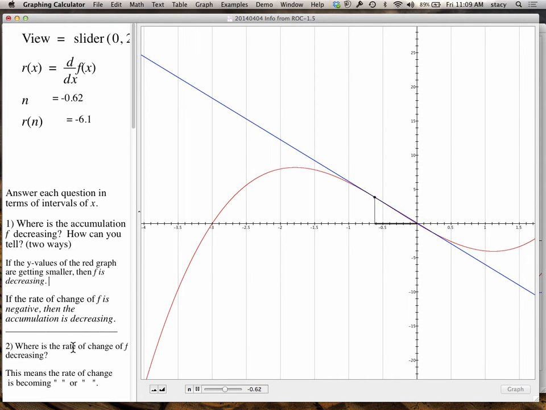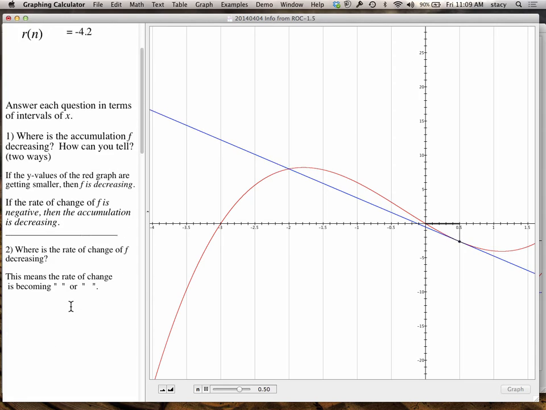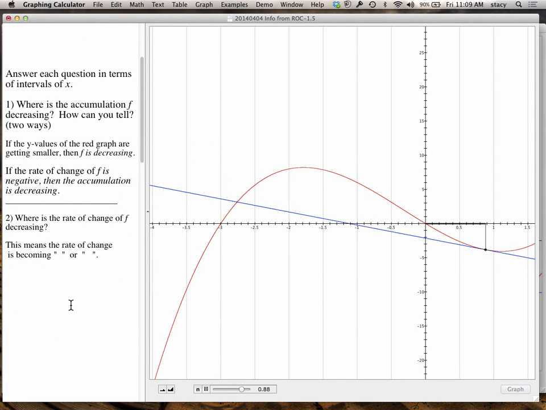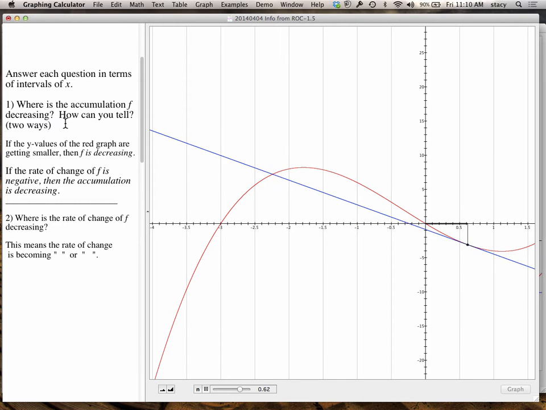Okay, all right, so where is the rate of change of F decreasing is my next question. And once again, I want you to think about what that would mean. Oh, did you actually tell me where the function was decreasing? The accumulation function? Like an approximate interval?